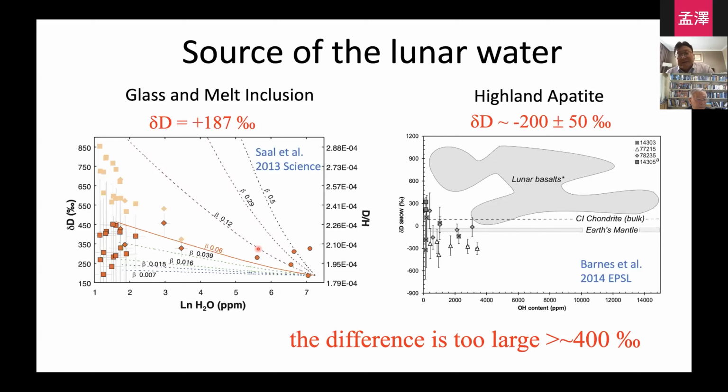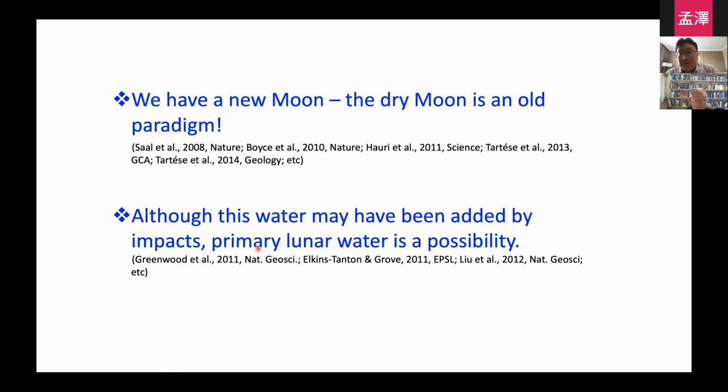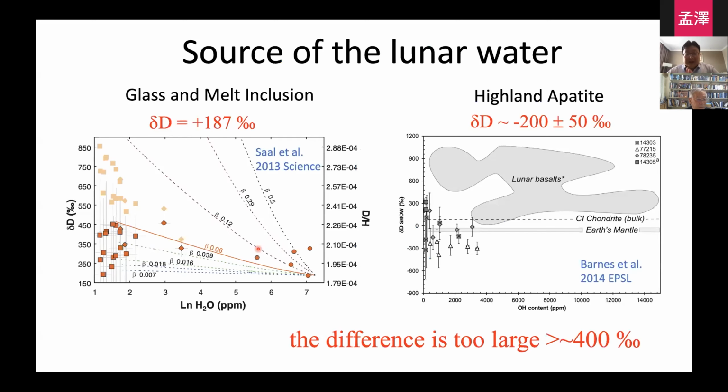On the other hand, Barnes and her colleagues showed that in the highland apatites, the delta D is about minus 200 per mil. So basically the difference is very large, about 400 per mil.